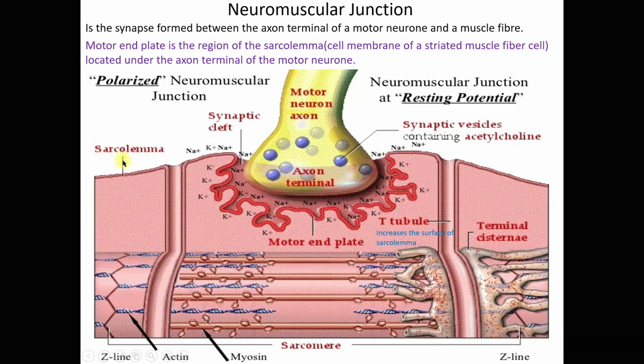Now motor end plate is the region of the sarcolemma which is located under the axon terminal of the motor neuron. So apparently, if this is the sarcolemma, this would be the motor end plate.